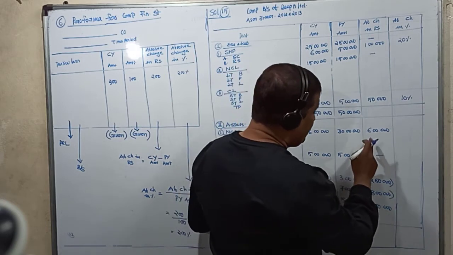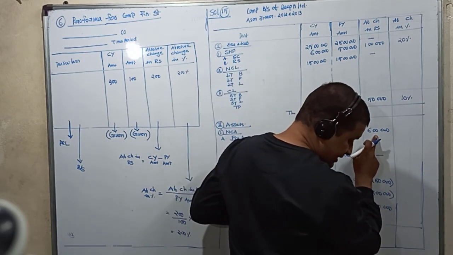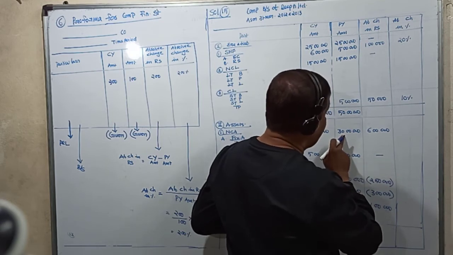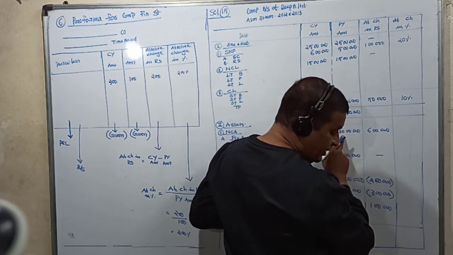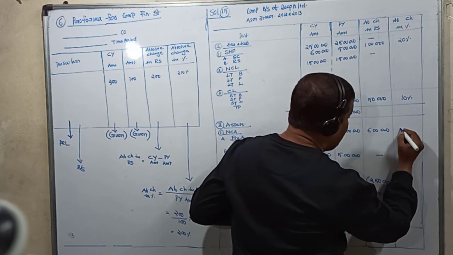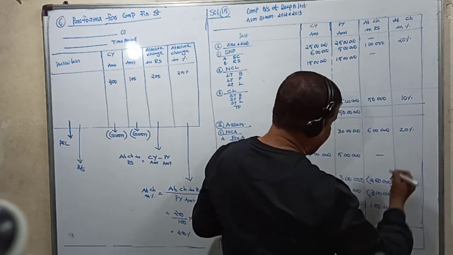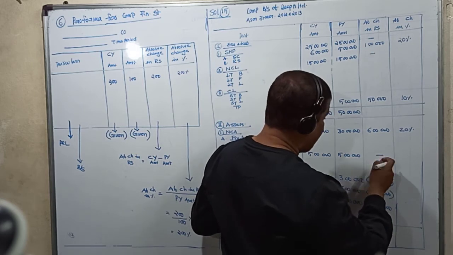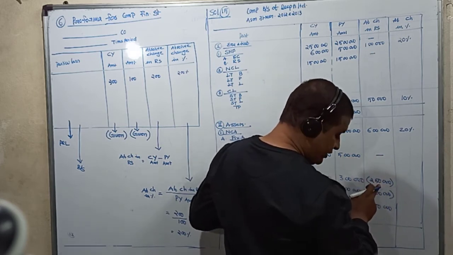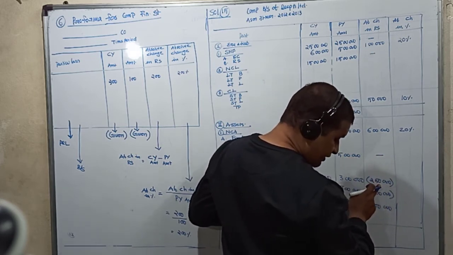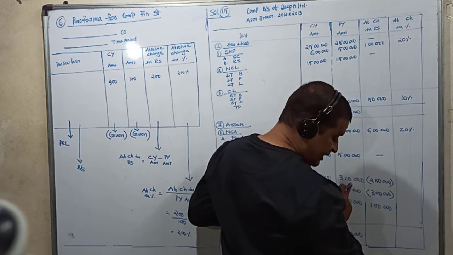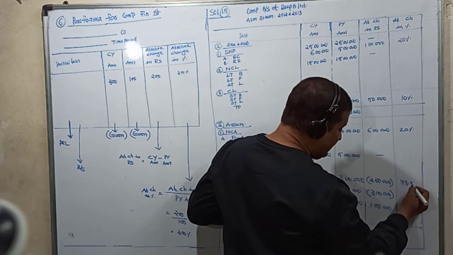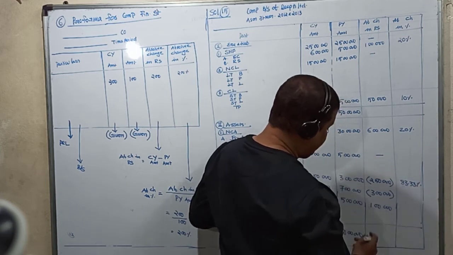So absolute change in rupees 6 lakhs divided by the previous year amount 30 lakhs into 100. So that would give you 20%. Next, this will obviously be 0, and 2,50,000 divided by 3 lakhs into 100, that is giving you 83.33%.